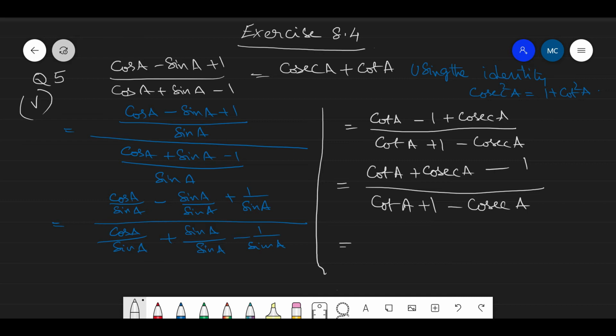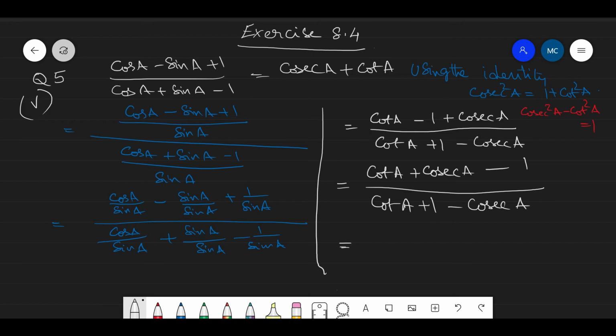Now you are going to use the identity which is given there in the question. That is cosecant square A is equal to 1 plus cot square A. From that, what are you going to get? Cosecant square A minus cot square A is equal to 1. That value 1 we are using here.